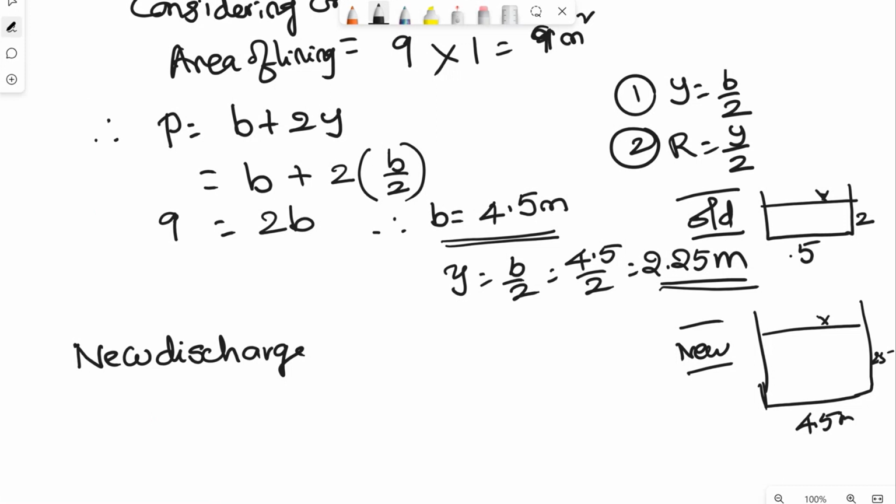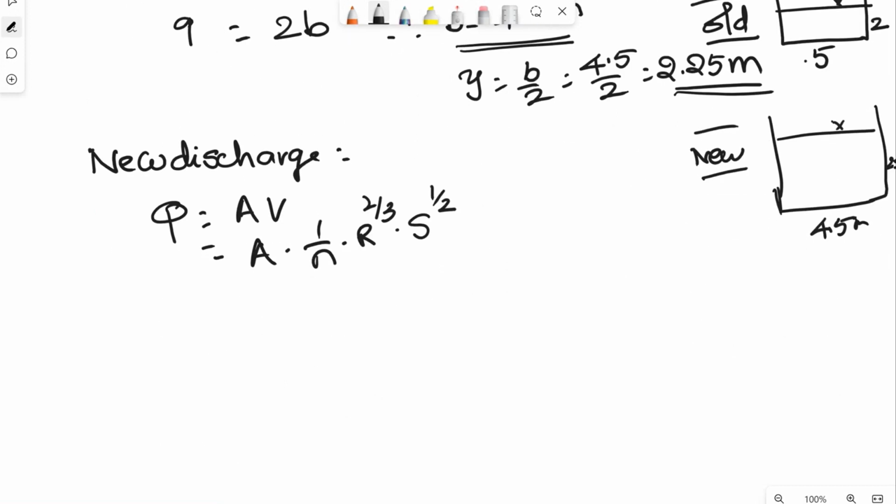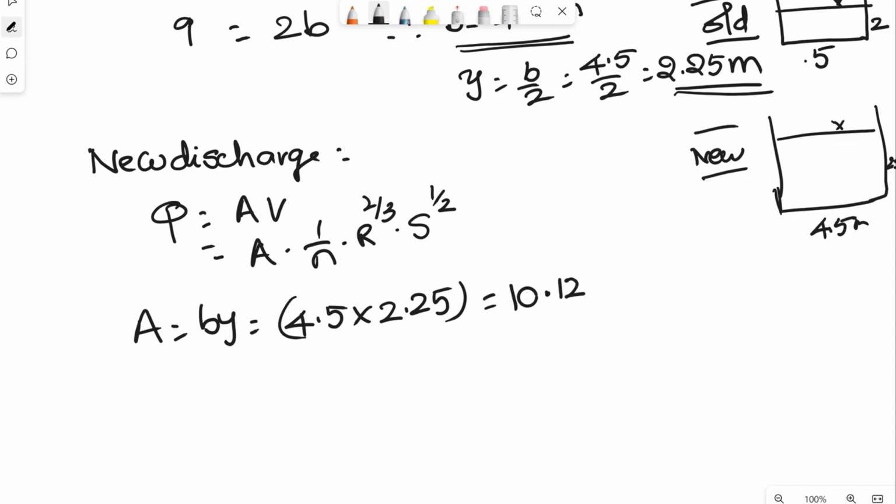Now based on these new values, again discharge Q is equal to AV, which is A into 1 by N, R to the power of 2 by 3, S to the power of half. A is equal to b into y, 4.5 into 2.25, which is 10.125 meter square.